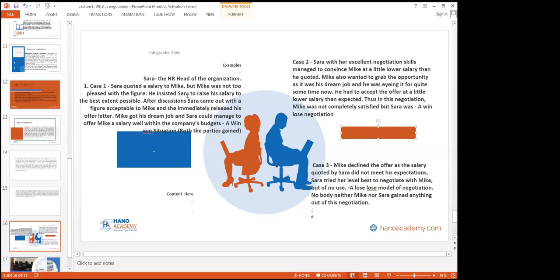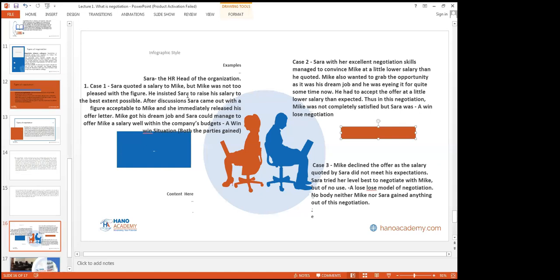Sometimes when you are negotiating for salary, say for example you are working with a company that is paying you 500 USD. Then you apply for a job and are called by another company, and that company is offering 300 USD.